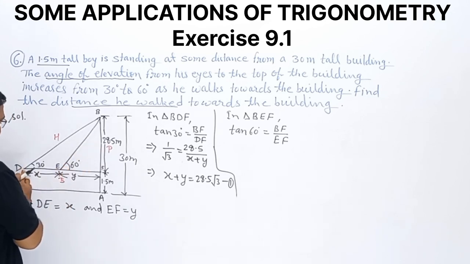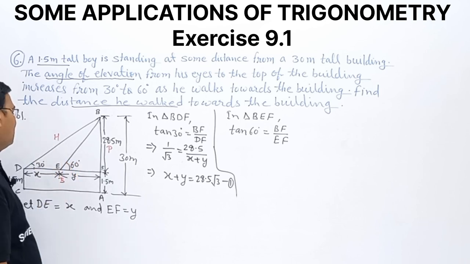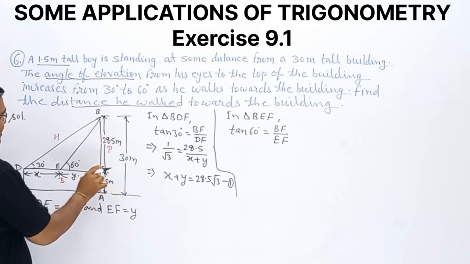Once the boy travels towards the building and reaches this point, the angle of elevation is 60 degree. So for this triangle, what is this? Right triangle.